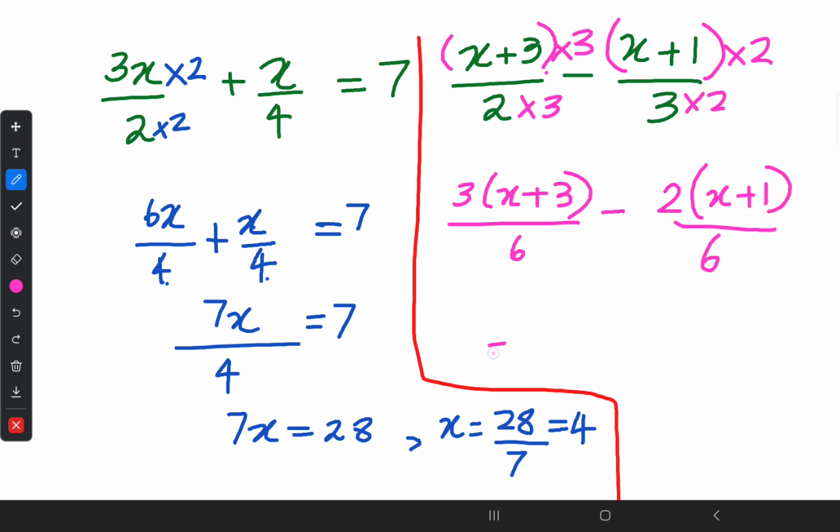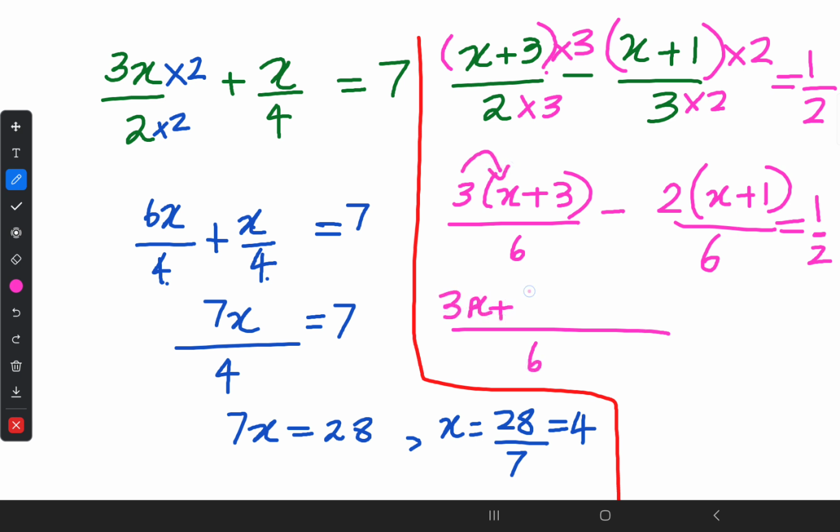Then we will do the expansion. Sorry, this equals 1/2. It equals 1/2. We'll keep that. So the denominator would be 6. I will expand 3 times x, 3x, plus 3 times 3, 9. This is not only 2, negative 2.